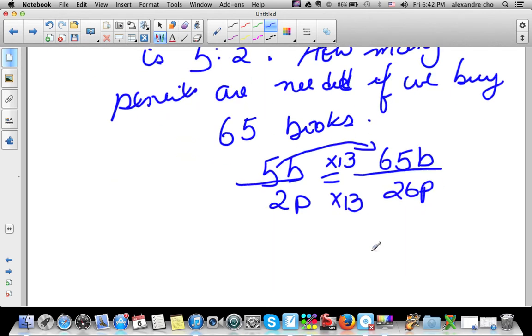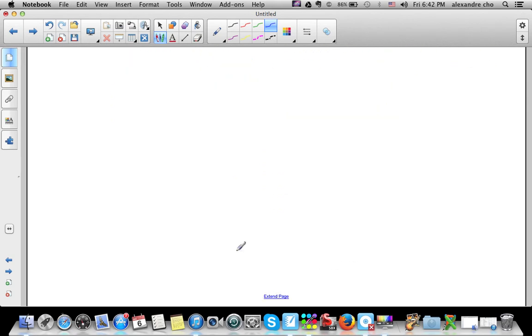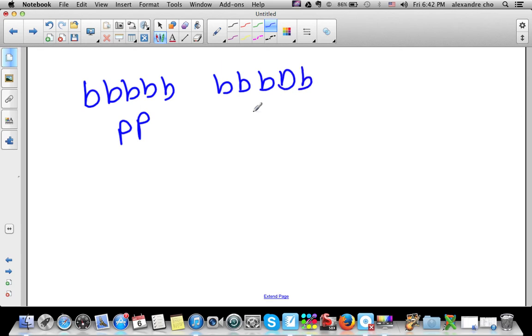I'm going to do this not using a tape diagram, but using pictures in this one. So here is a book, 3, 4, 5, pencil. Let's do that again. 3, 4, 5, pencil. Now we have 10 books, 4 pencils. 1, 2, 3, 4, 5, another 2 pencils.